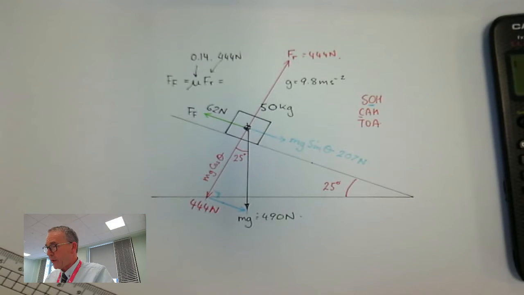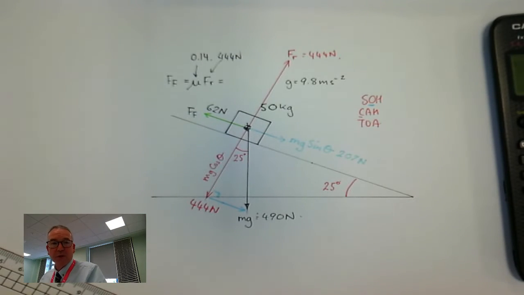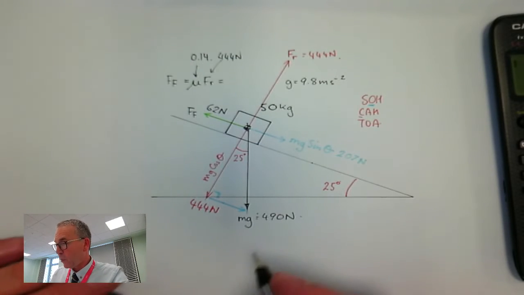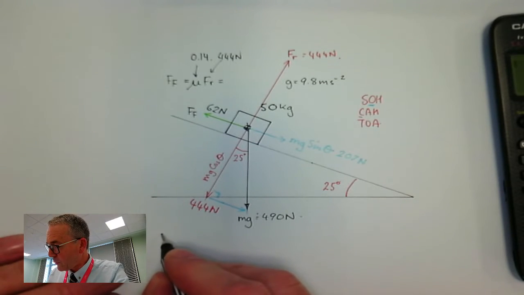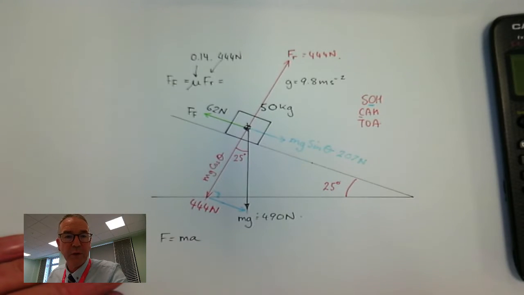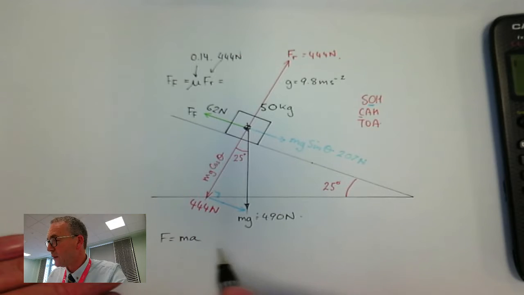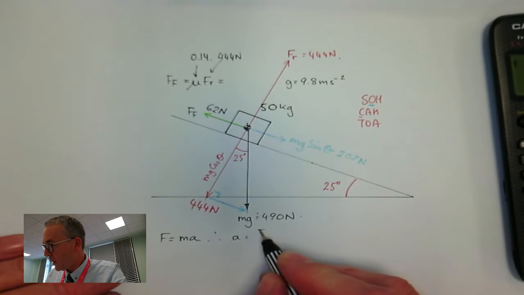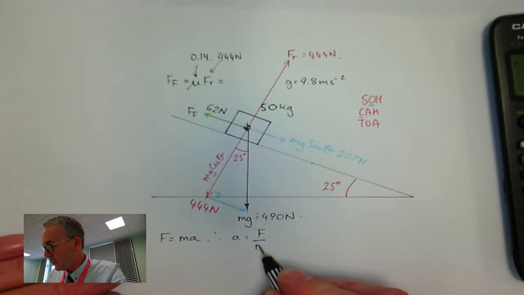What I can do now is, and this is where I was saying you can calculate, work out the acceleration of the block by applying another formula that you might be familiar with. The force being equal to the mass times the acceleration, F equals ma. And that being the case, acceleration is equal to the force divided by the mass.